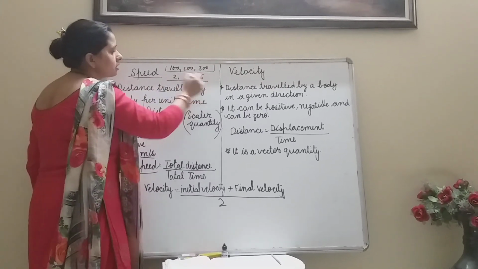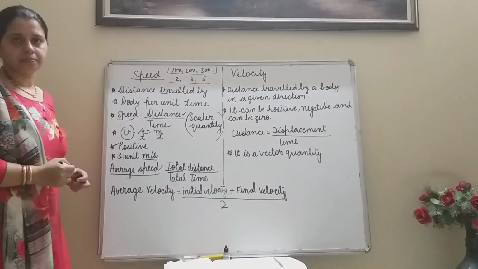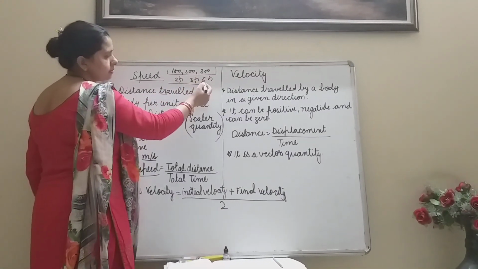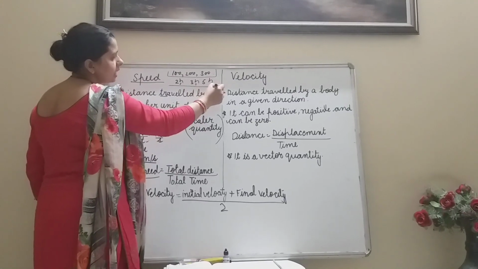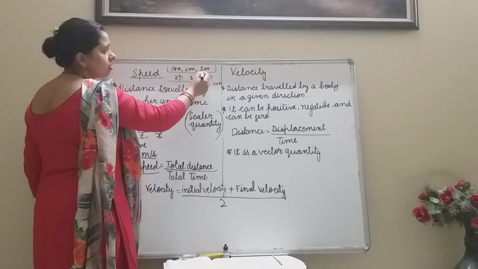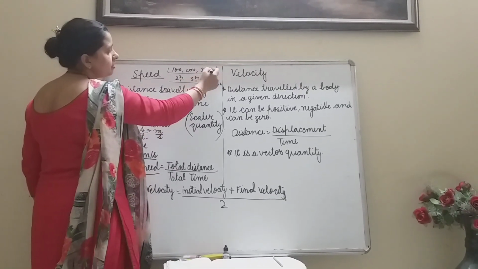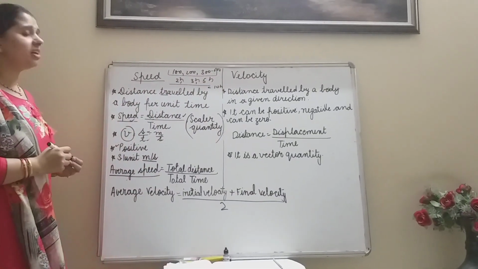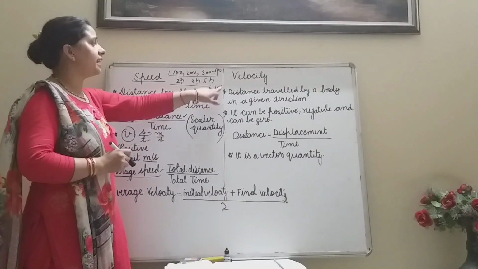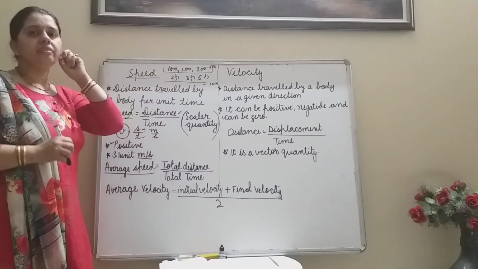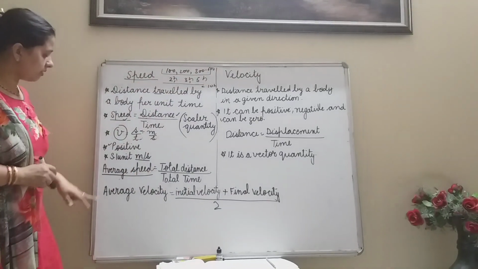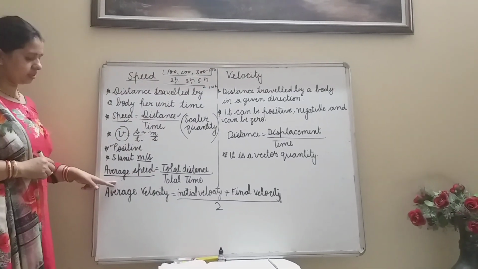And we will add the total time, 2 hours, 3 hours and 5 hours, which is 10 hours. We will divide 600 by 10 and take the value of average speed.